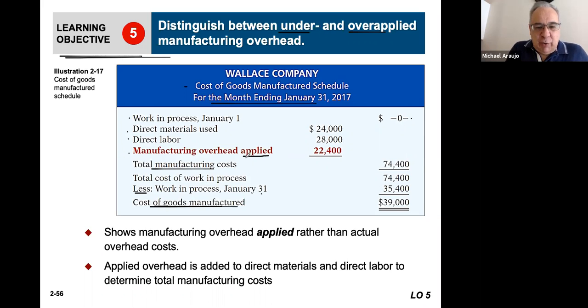Okay, so the key word here is applied. This is because we had to estimate our overhead at the beginning. So once the job is actually done, we know what the actual numbers and costs are. So now it's simply a chance to compare to see whether we under applied our overhead or we over applied our overhead.